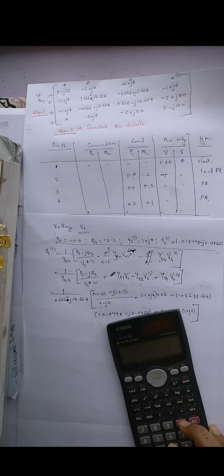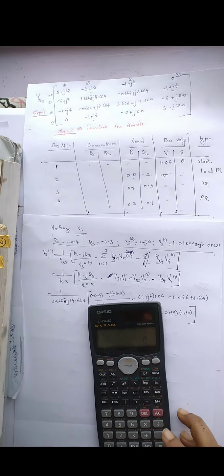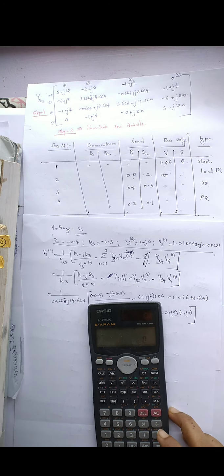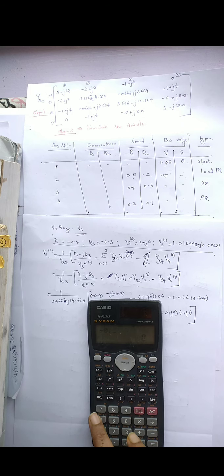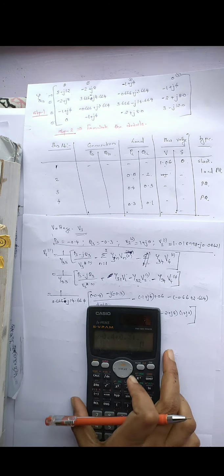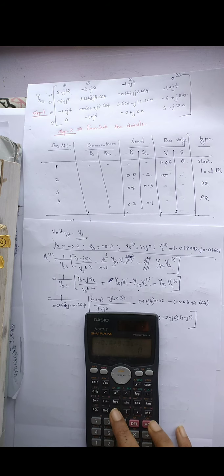So that will be minus 0.4 plus 0.3j, that is the value, divided by 1 minus j0, minus, minus 1 plus 4j into 1.06.